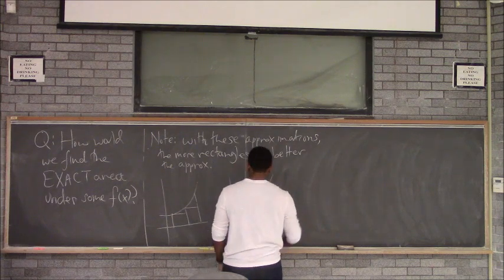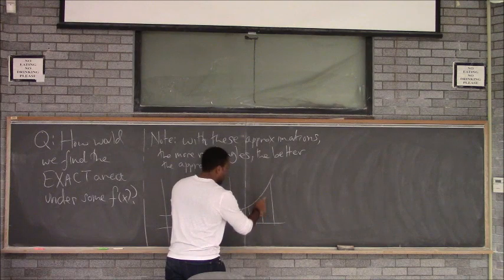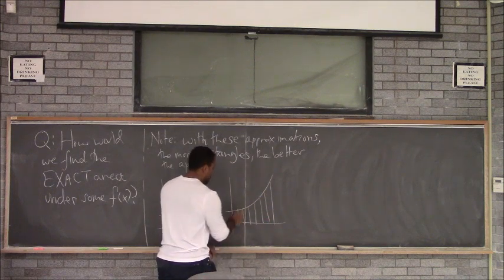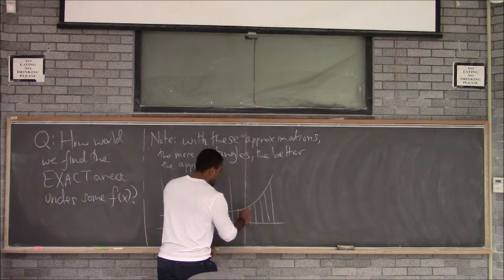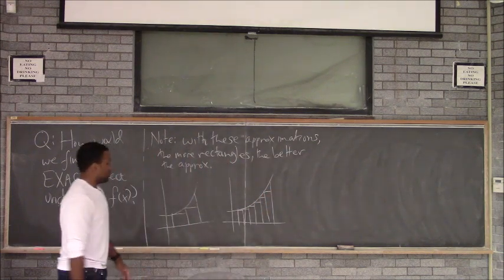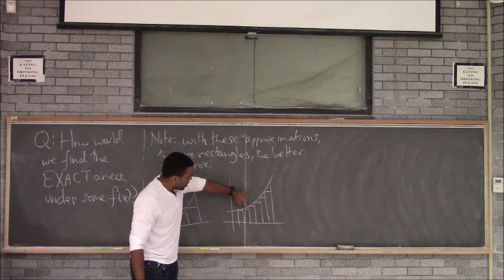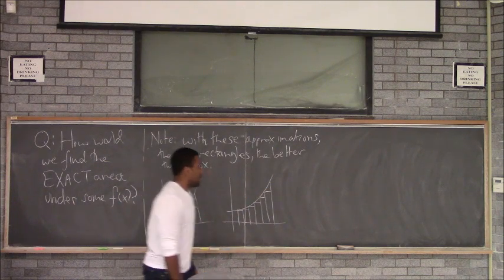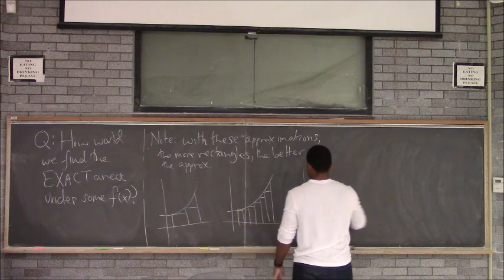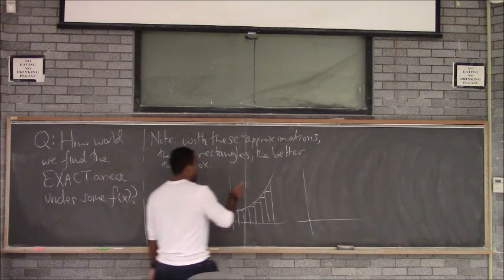Between here and here, let's use 6 rectangles. And then you can do this, this, this, this, this, this. And you'll notice that you actually miss less. You get more pockets, but all the pockets are smaller.